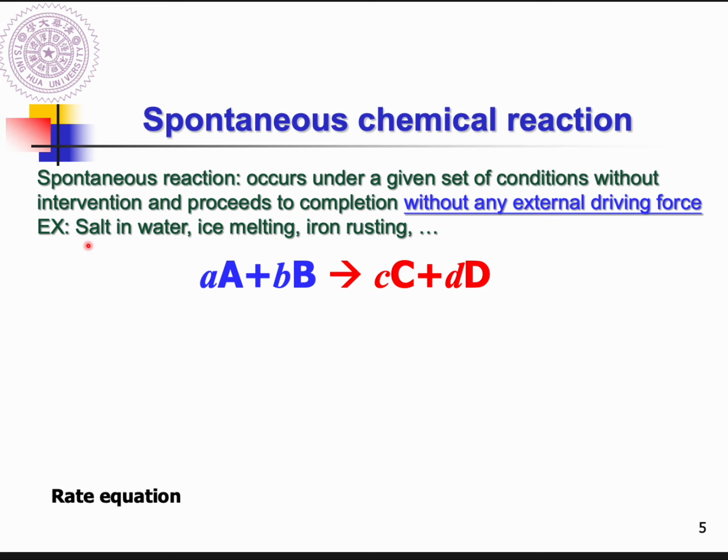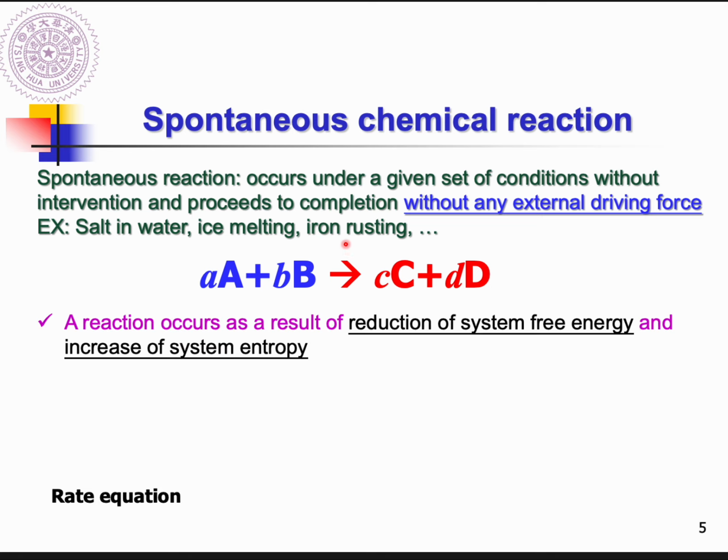For example, salt dissolving in water, ice melting, or iron rusting are all spontaneous reactions, because these reactions reduce the total free energy of the system and are accompanied by an increase of system entropy.